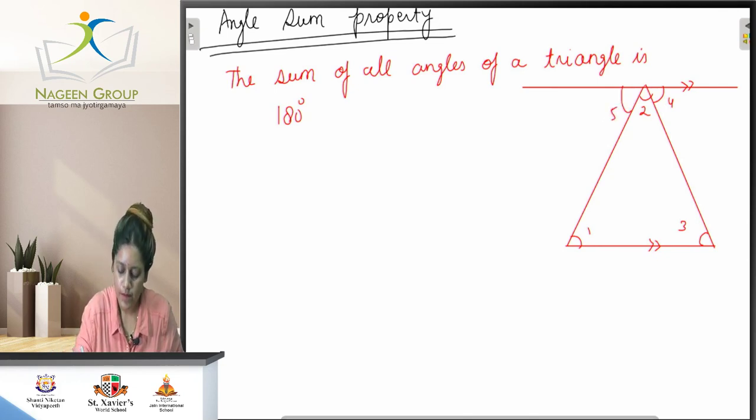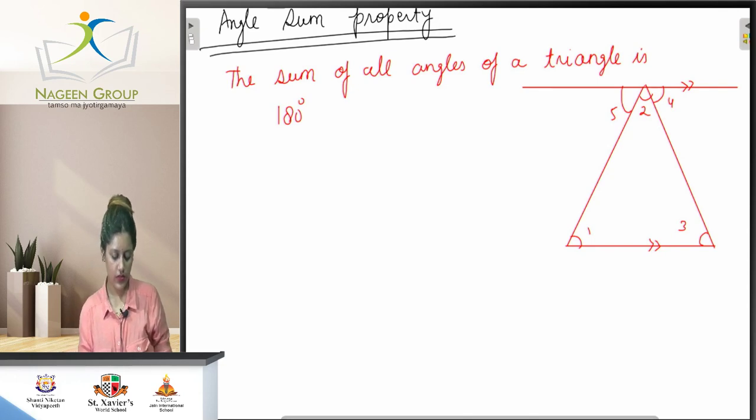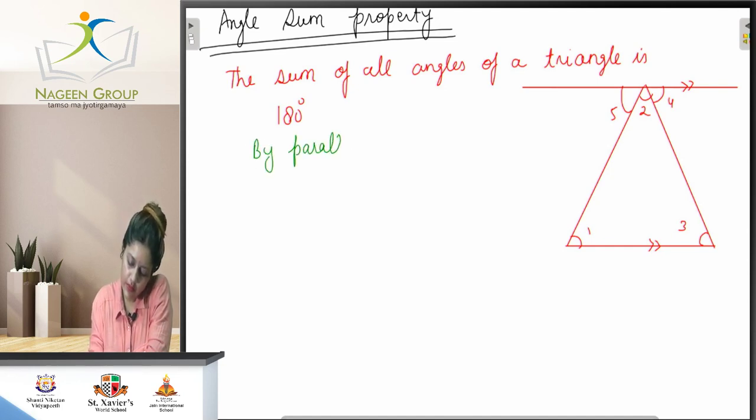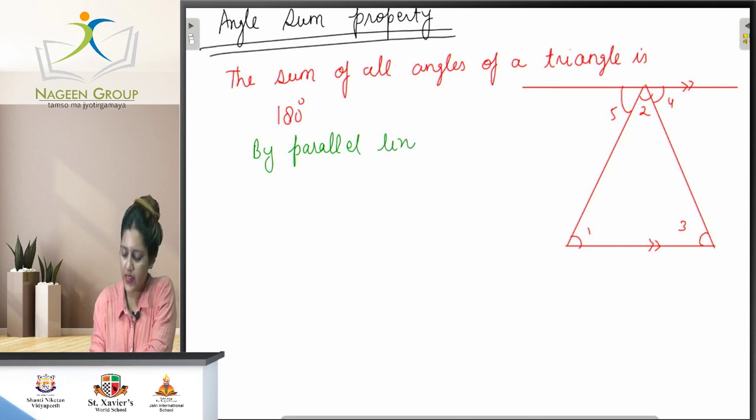So for the proof, we are writing here: if two lines are parallel, then by parallel lines, angle 3 is equal to angle 4 by alternate angles.